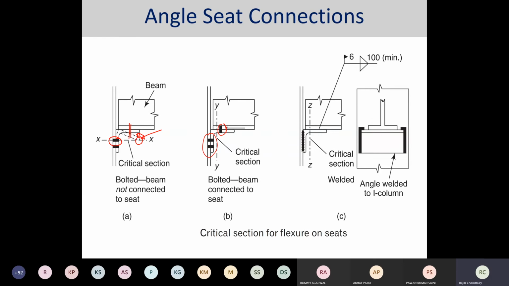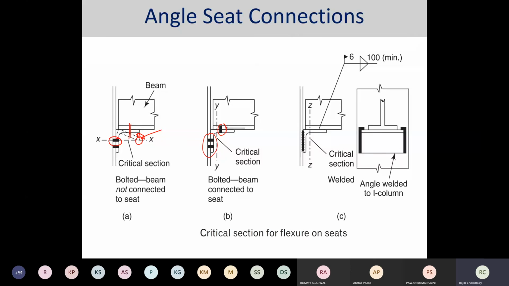And if it develops in the beam, then only the beam portion would develop at the critical section or the failure plane, and perhaps there might not be any catastrophic failure.